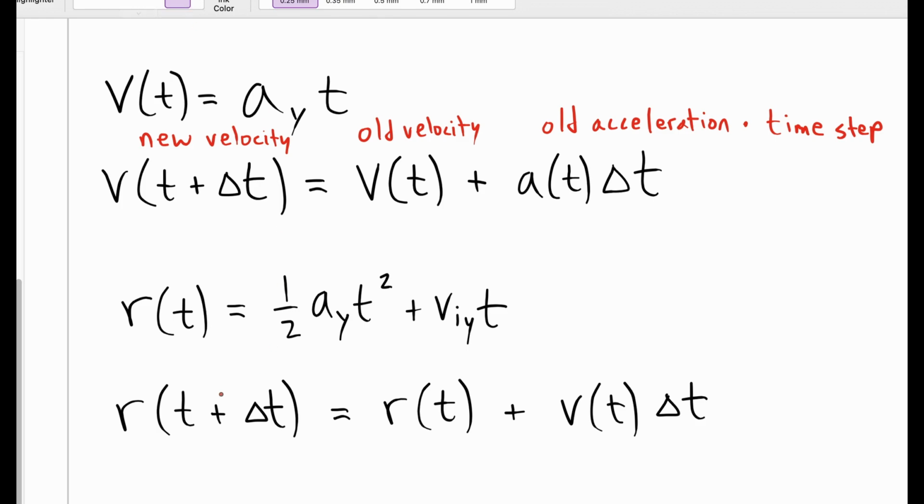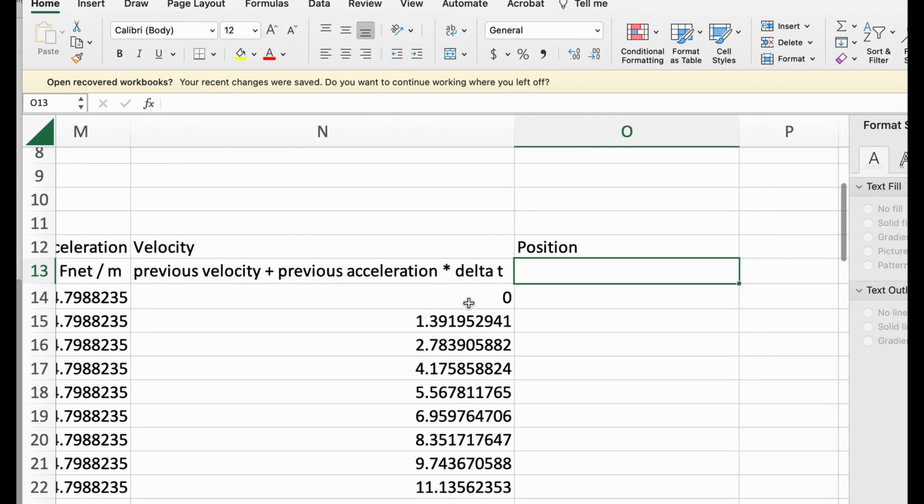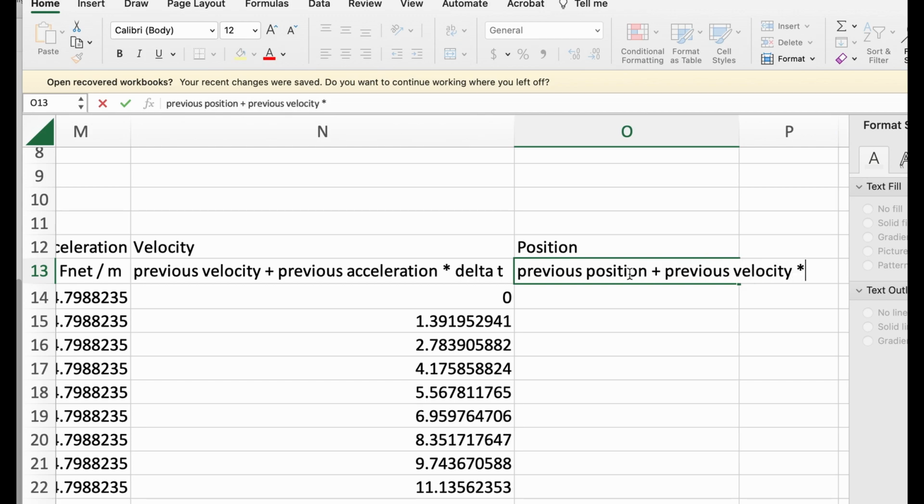So new position equals the old position plus the old velocity times the time step. Same concept. Previous position plus previous velocity times delta t.